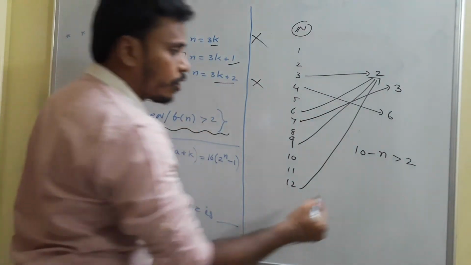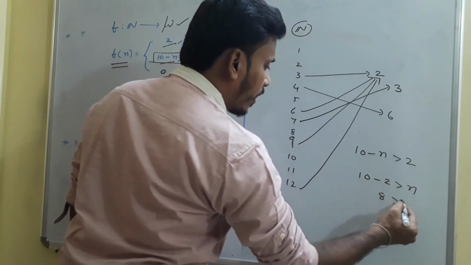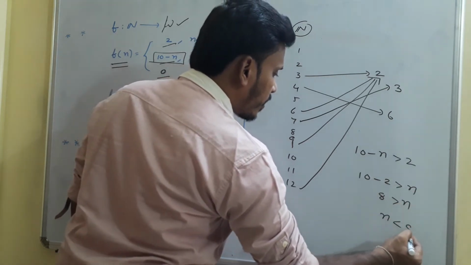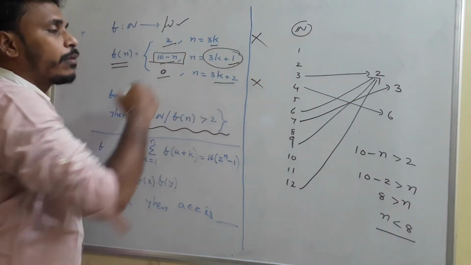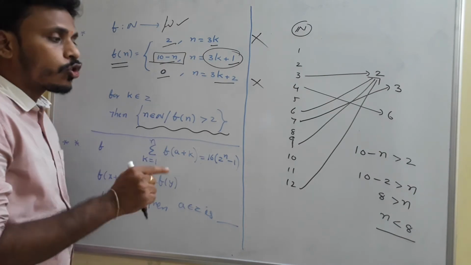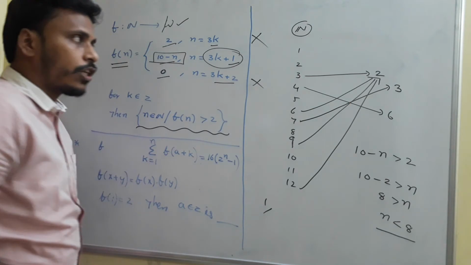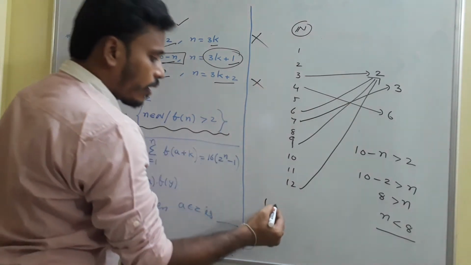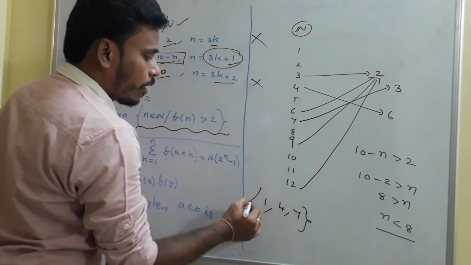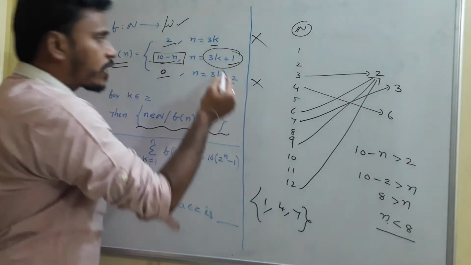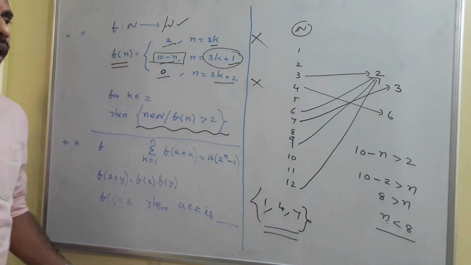Send n to that side and 2 to this side: 10 minus 2 is greater than n, so 8 is greater than n, n is less than 8, as well as n is a multiple of 3 plus 1. 1 is 3 into 0 plus 1, 4 is a multiple of 3 plus 1, and 7 is a multiple of 3 plus 1. So n is less than 8 as well as a multiple of 3 plus 1, so your possible values are 1, 4, 7, and that's your answer.